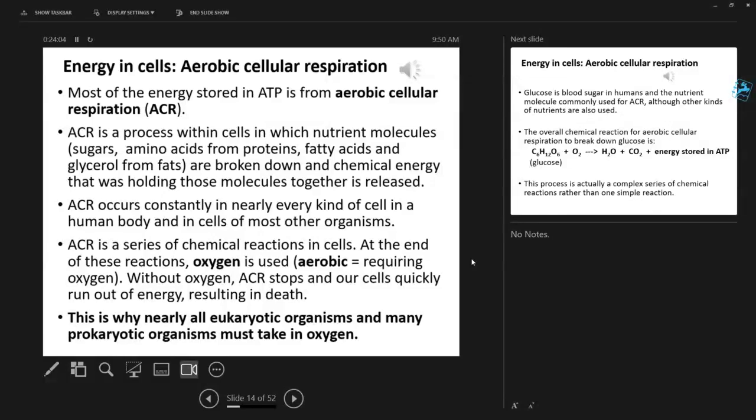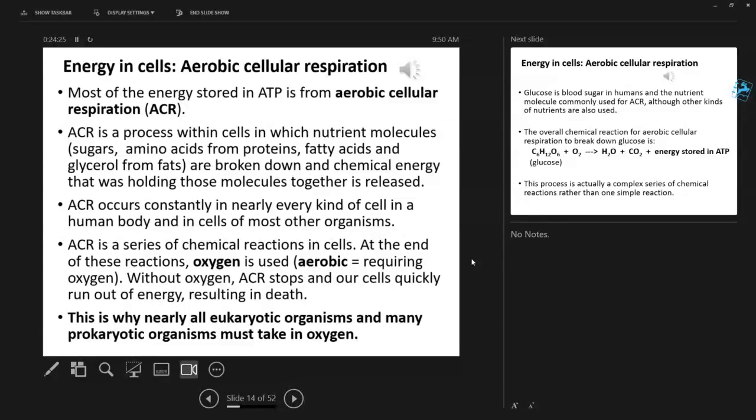Oxygen. Right? If you do aerobic exercise, that's exercises that make you breathe fast and deep to take in more oxygen. And cellular, because it happens in cells. And respiration, everyone knows respiration means breathing, right?